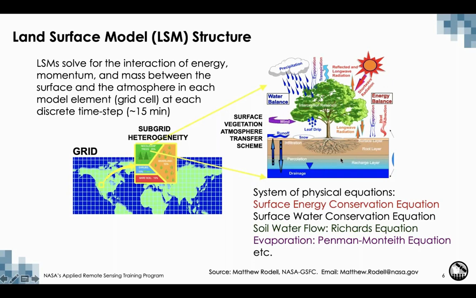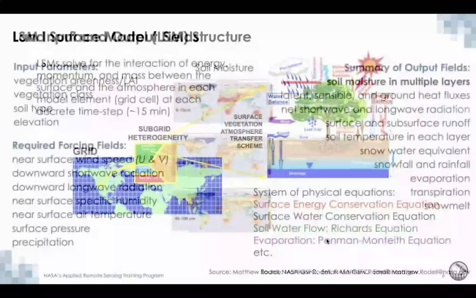So these components are actually individually derived or calculated by LDAS. And for that, a system of equations is used: surface energy conservation equation, surface water conservation equation, soil water flow, and evaporation, which is the well-known Penman-Monteith equation. So these are the basis of LDAS.